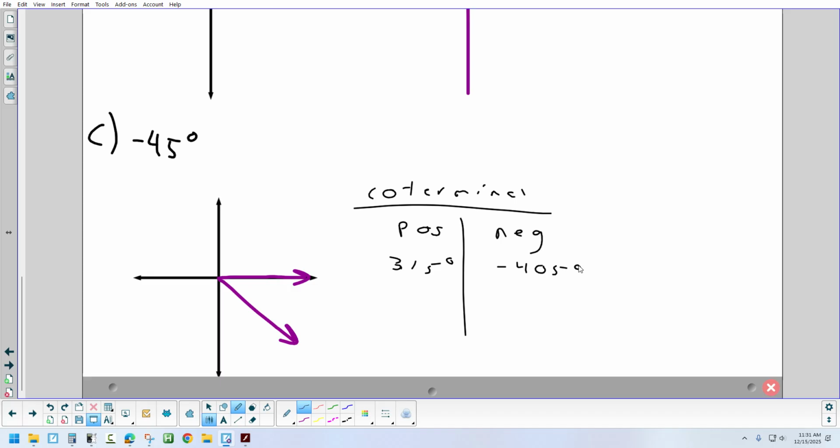So any questions on how we're finding these coterminal angles? Now, I'm not saying 315 equals negative 405. No, they're not the same number. What I'm saying is they're coterminal. If you draw them, they will have the same initial and the same terminal sides. But it doesn't mean they're the same number. Okay.